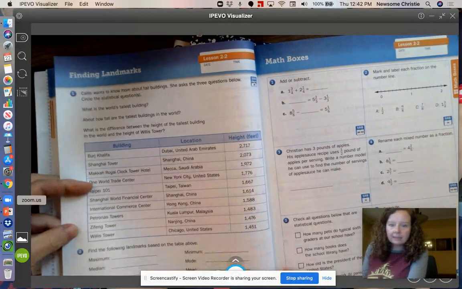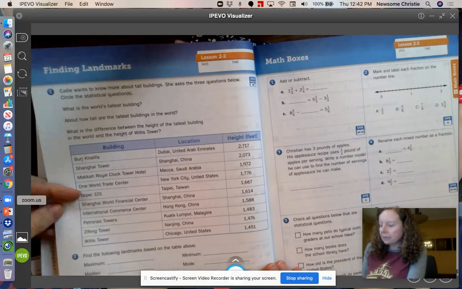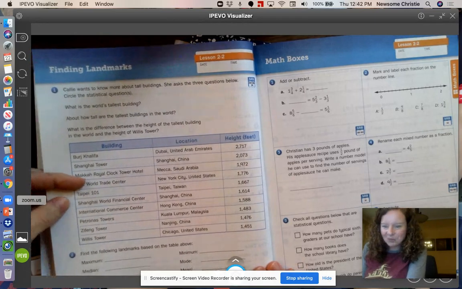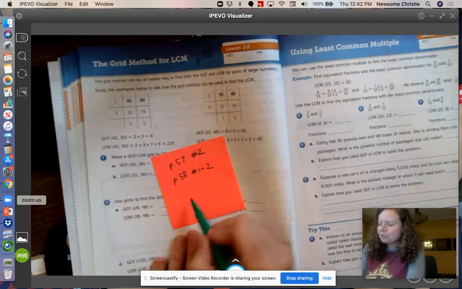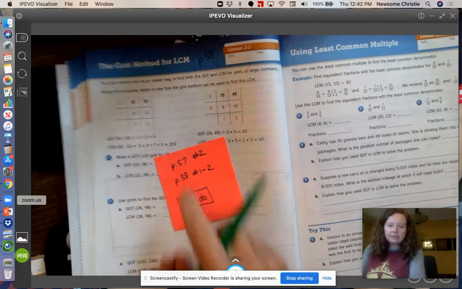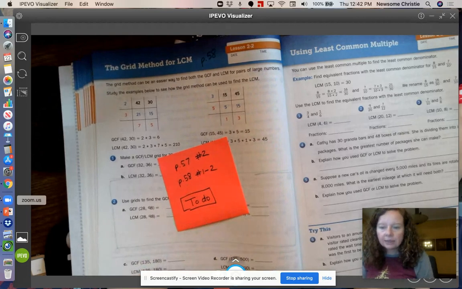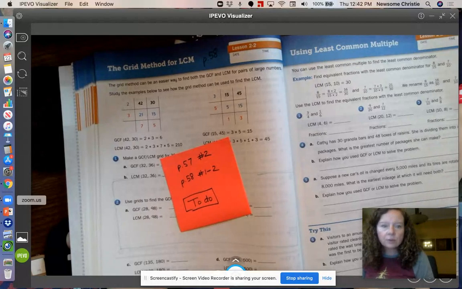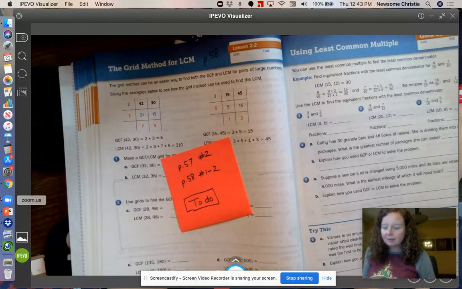This finding landmarks page, we're probably going to hold off and use that on a different day, okay? All right, so until I see you again at 9 o'clock, would you please try to look at page 57 and 58 using either the list method or the grid method to answer these questions, and we'll review it together when I see you at 9.